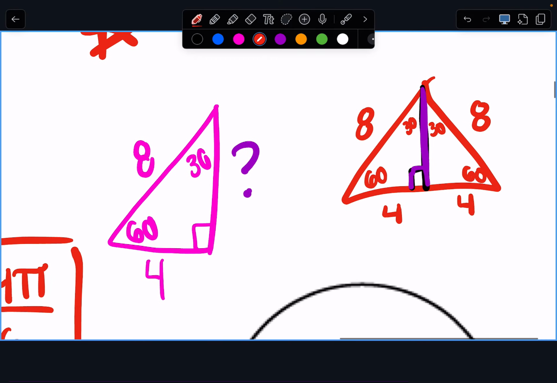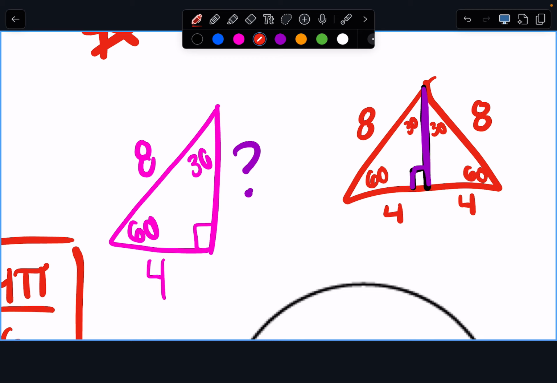So really what that helps me find is now we can just focus on one of those right triangles. We have a 60-degree angle, a 30-degree angle, and our radii, of course, and just one side is 4. This length, the purple line that I drew down our triangle, is our height that we need to find in order to find the area. So here's our question mark. How are we going to find that? Well, in any right triangle, we can use Pythagorean theorem. So we're going to do a squared plus b squared, that's our question mark, equals 8 squared.